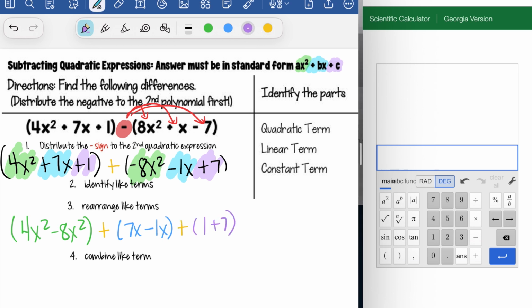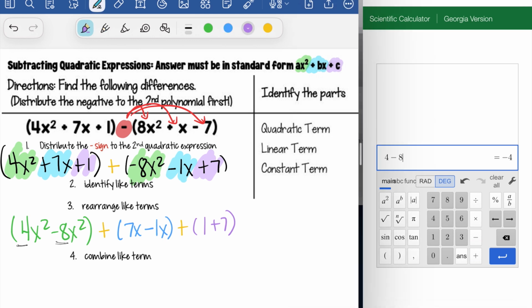So just like before, when I'm going to combine my like terms, if I want to use my calculator, I can't put the variables in there. I can only put the coefficients. So my coefficients for my quadratic terms would be 4 minus 8. That's the only part that I can put in the calculator, which will give me negative 4.